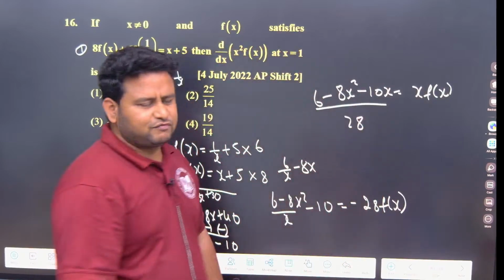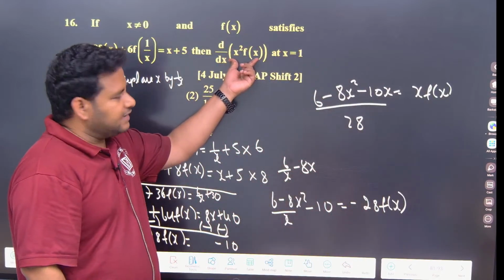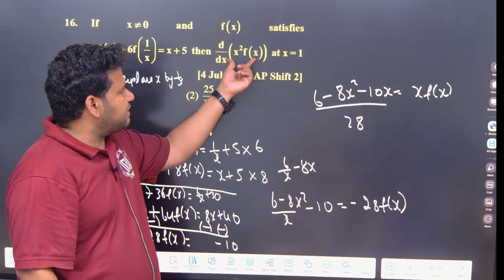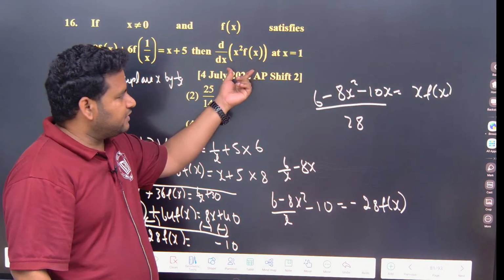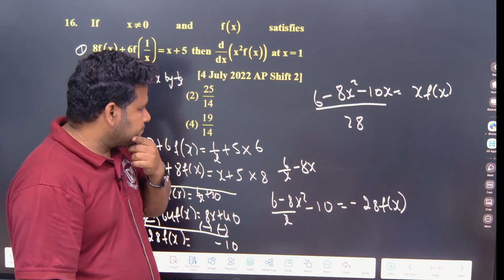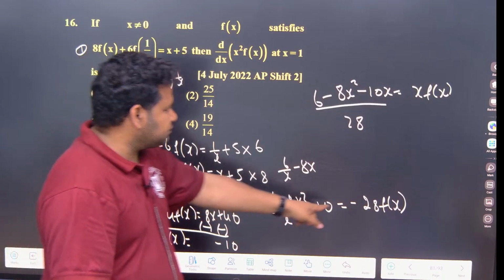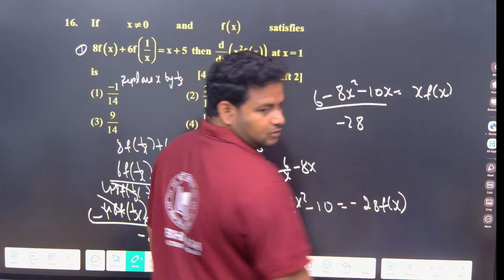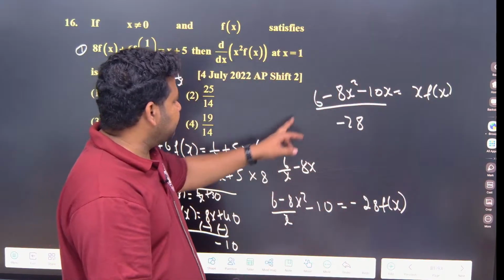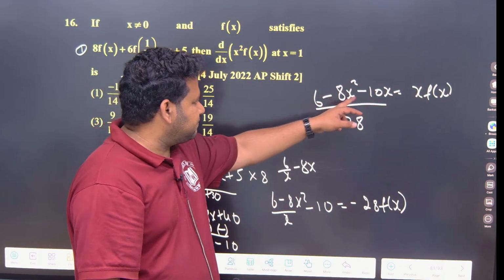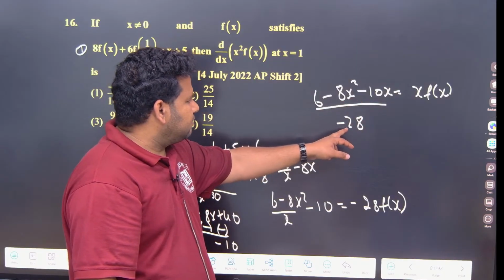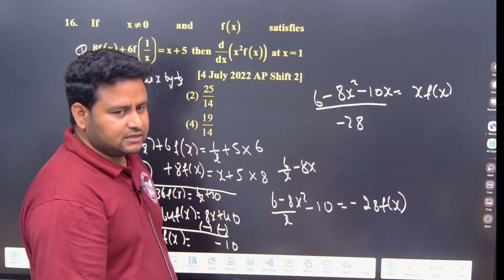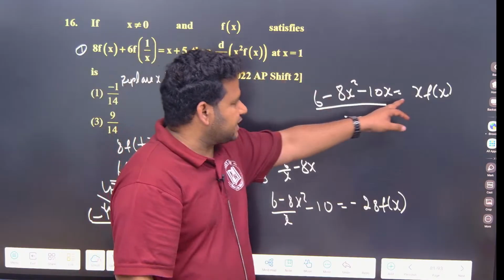Why am I taking x f of x? Because here also we are having x f of x, and here minus 28 is there, so we will take it as minus 28. Now clear? We are having 6 minus 8x square minus 10x by minus 28. They are asking x square f of x. I got x f of x.